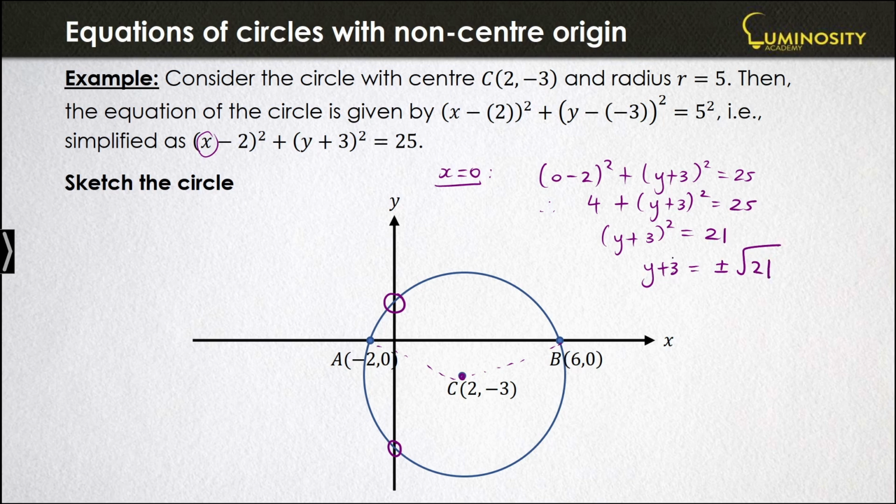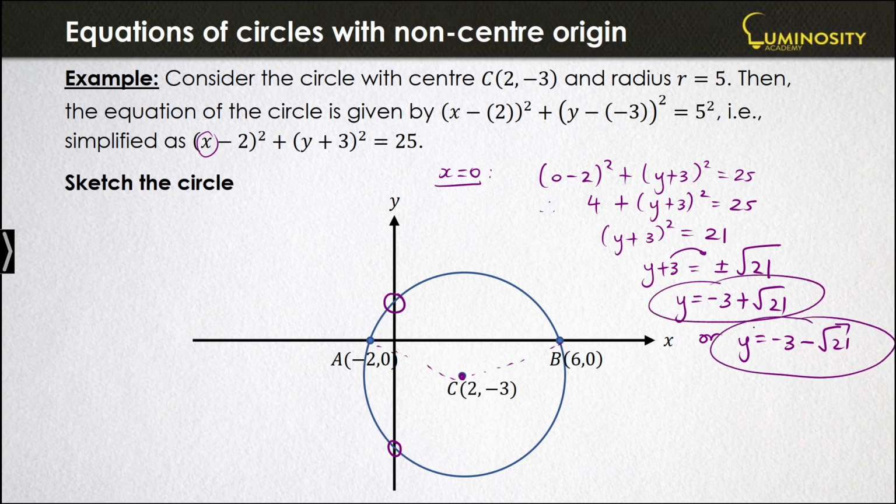And then to get rid of this plus 3, I will subtract 3. So you get 2 values. y equals negative 3 plus root 21, or y equals negative 3 minus root 21. Those are the 2 solutions. And again, those 2 values make sense because here's the positive y value, when x is 0, y is negative 3 plus root 21. And this one here would be when x is 0, y is negative 3 minus root 21.